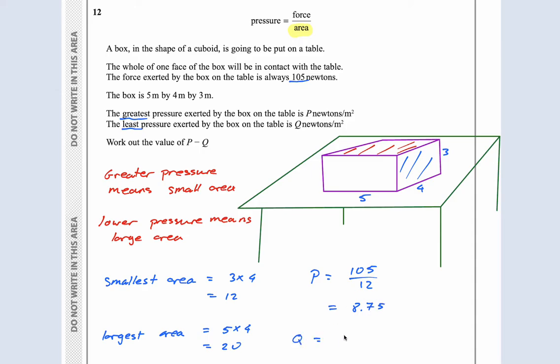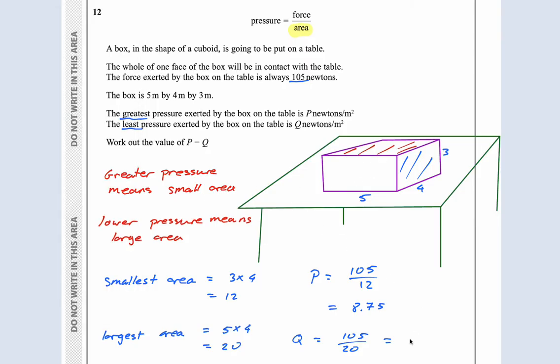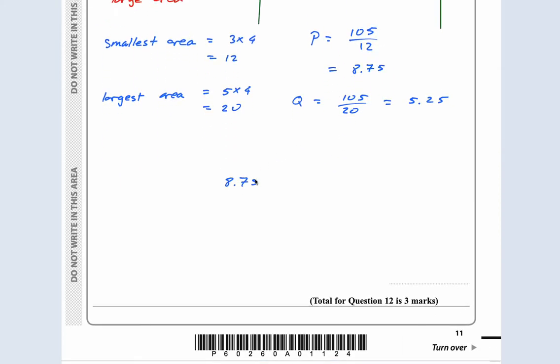And Q is 105 divided by 20. This one will be the least pressure. 105 divided by 20, which is 5.25. That's P and that's Q. He says work out the value of P minus Q, so all I have to do is say 8.75 minus 5.25, and that equals 3.5. There we go.